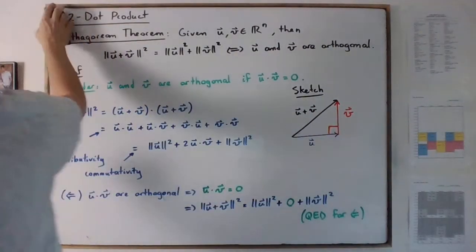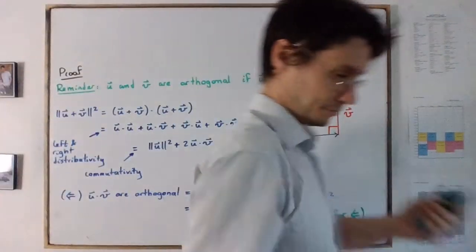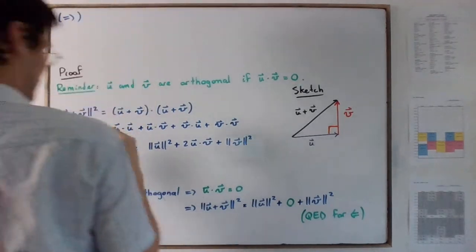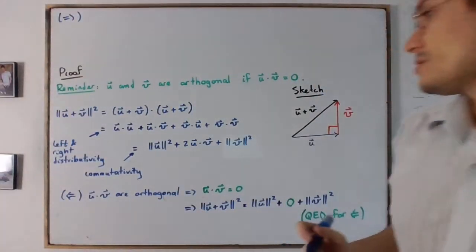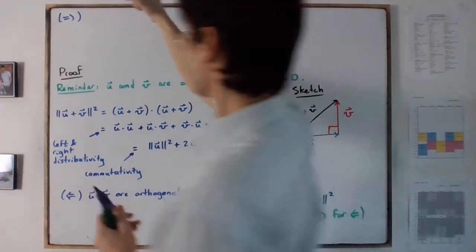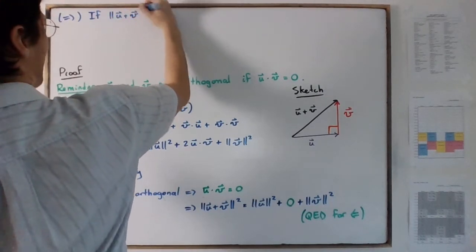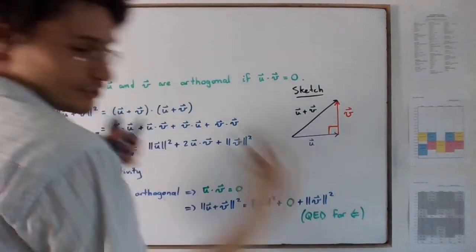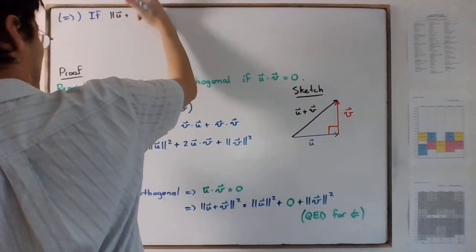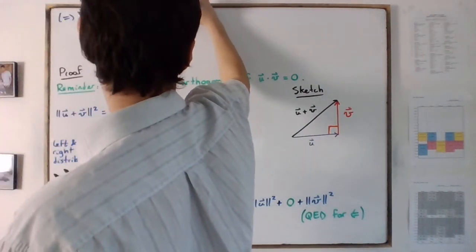So let's erase the theorem itself. Now suppose that the norm of u plus v squared, let's color code this in black now, is equal to the norm of u squared plus the norm of v squared.